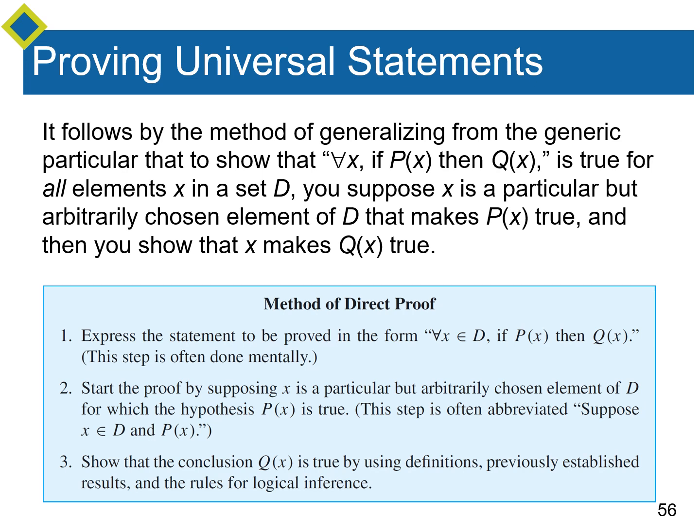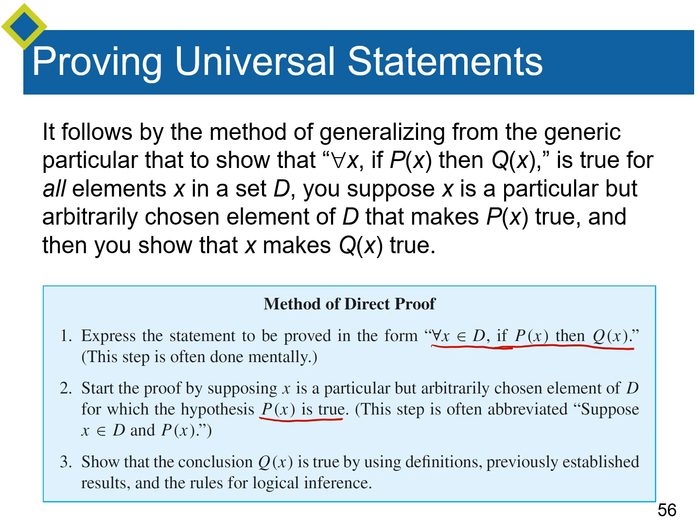So what is the method of direct proof? For the direct proof, this example is for a conditional universal statement. This is the standard form for a conditional universal. Start the proof by supposing x is a particular but arbitrarily chosen element of D, for which the hypothesis Px is true.